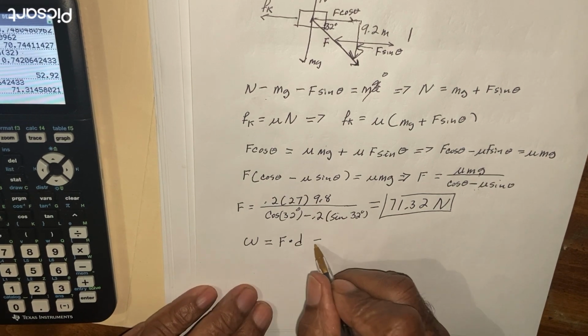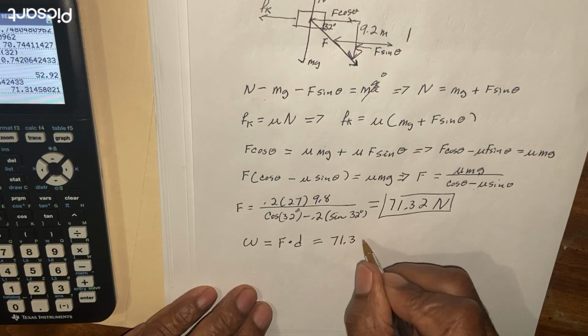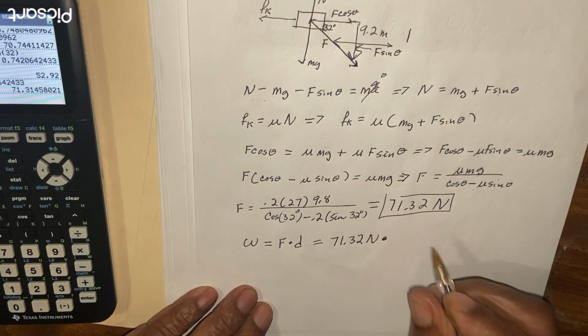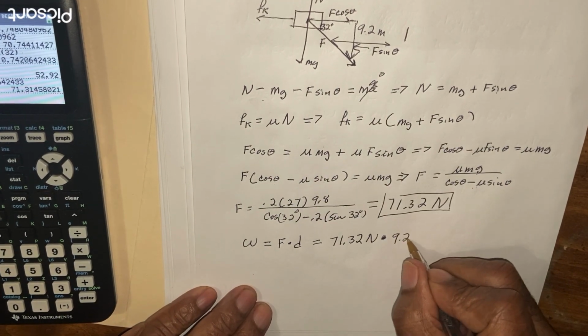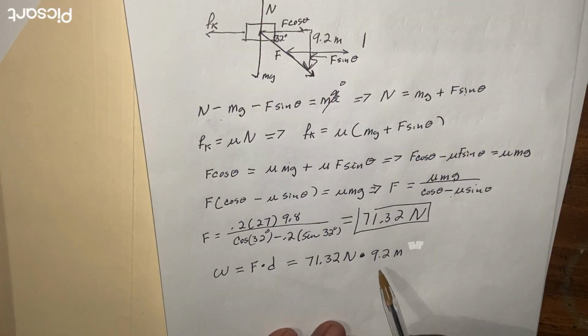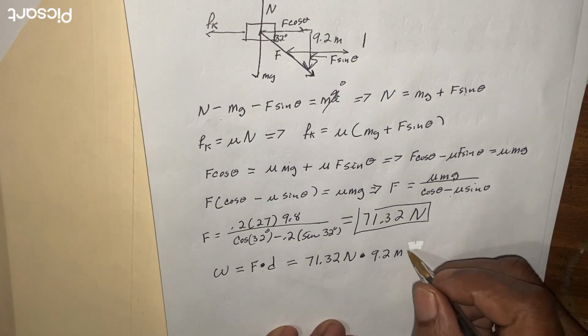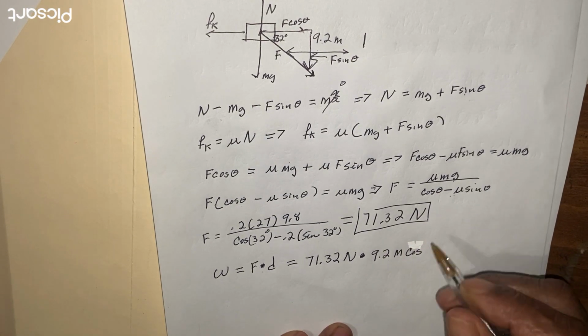In this case, the force is 71.32 newtons times the 9.2 meters times the cosine of 32 degrees, that's what this dot product is about.